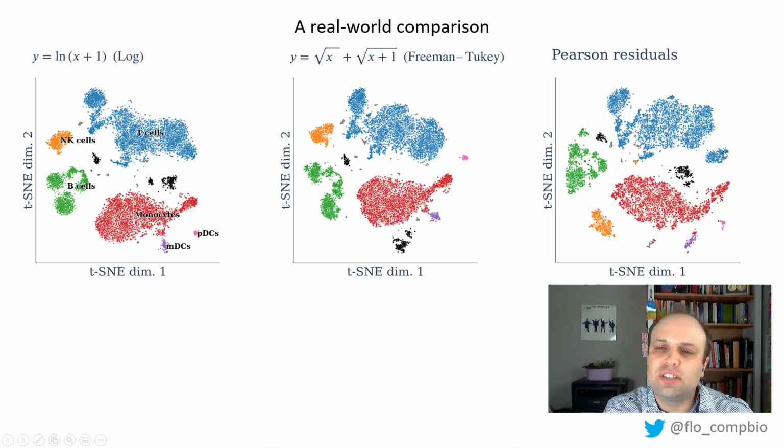And I looked into what these are, and they're actually CD8 positive naive T cells. The CD4 positive naive T cells are somewhere here. So CD8 positive naive T cells form their own cluster after you use Pearson residuals, and that's kind of cool because they are very similar in terms of their overall expression patterns to other naive T cells.